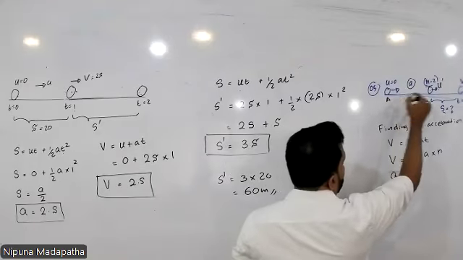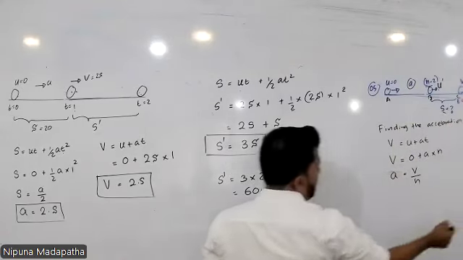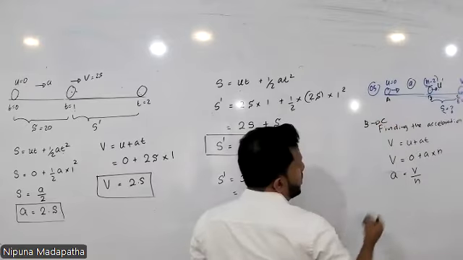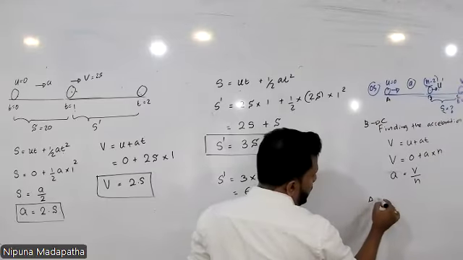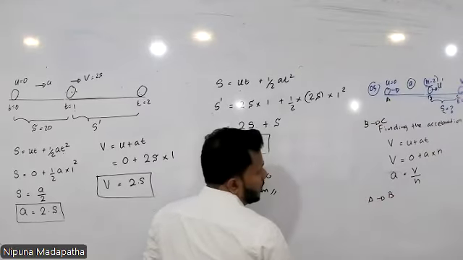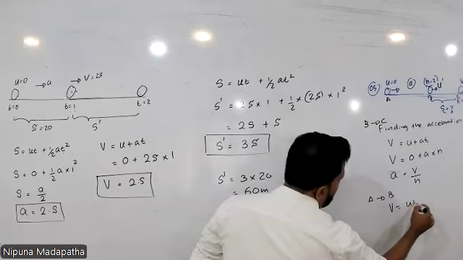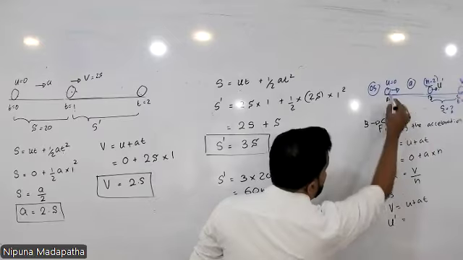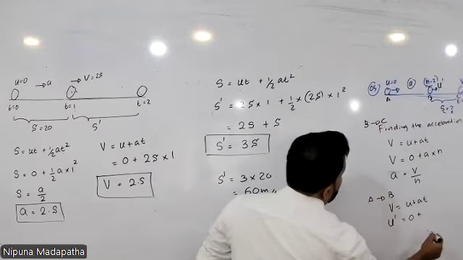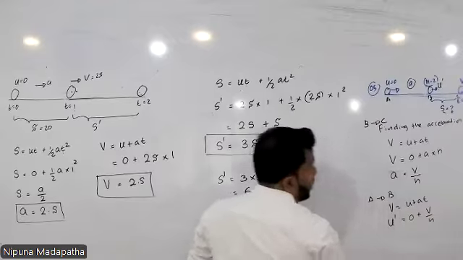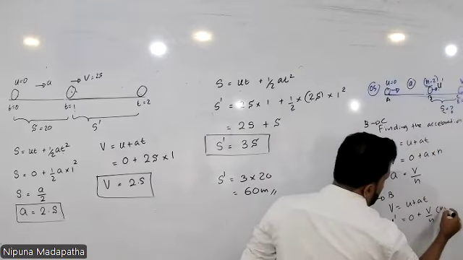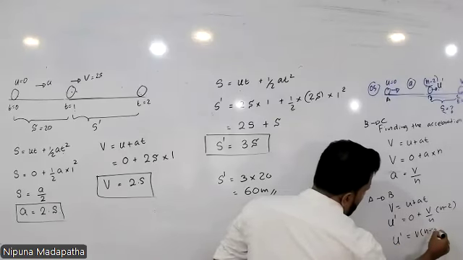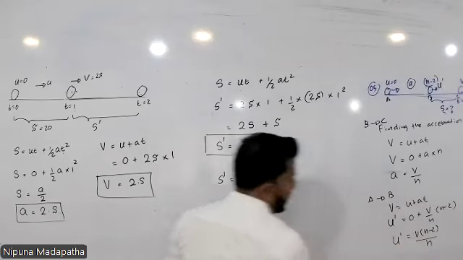From A to B, we consider the motion from A to B using v equals u plus at. The final velocity is u dash, the initial velocity is 0, the acceleration is v over n, the time is n minus 2. So u dash is v times (n minus 2) over n.